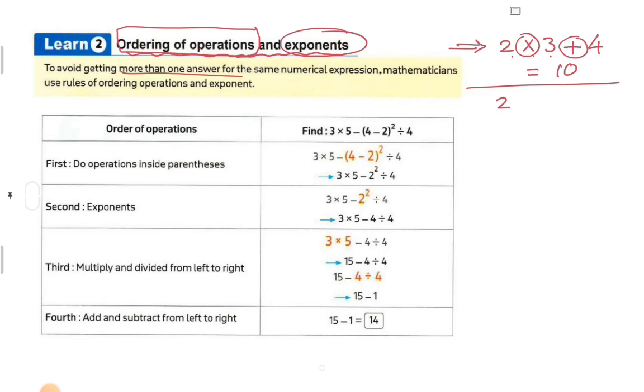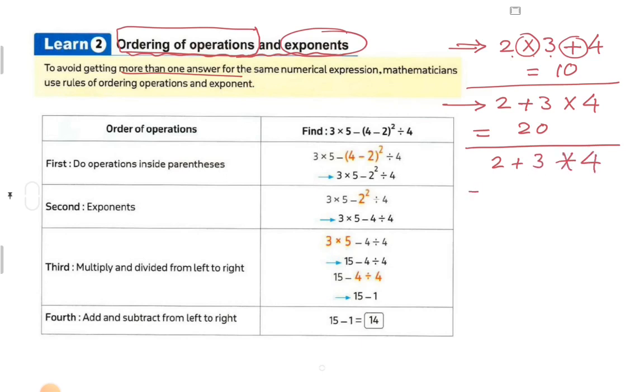Note with me. If it was 2 plus 3 by 4, what's the answer? If I start from left to right, 2 plus 3 equals 5, 5 by 4 equals 20. The same question, 2 plus 3 by 4.